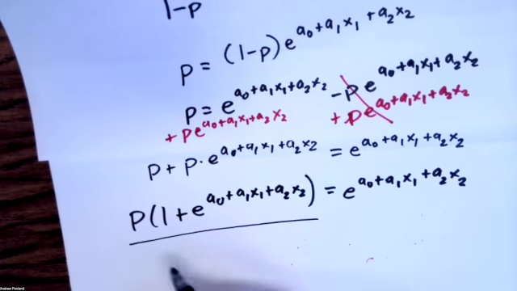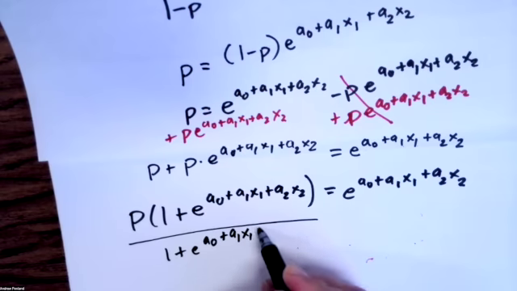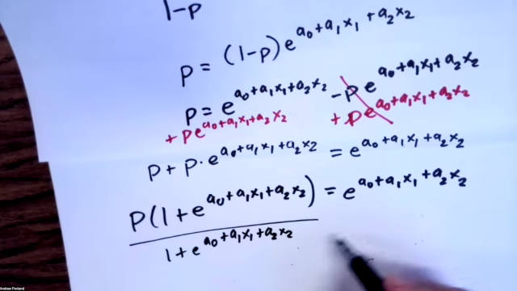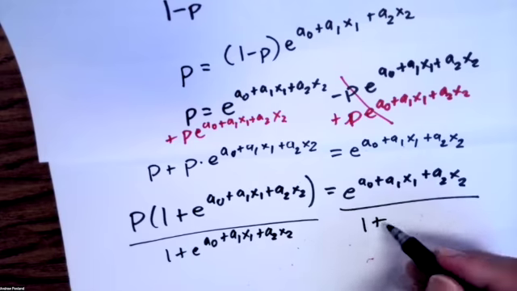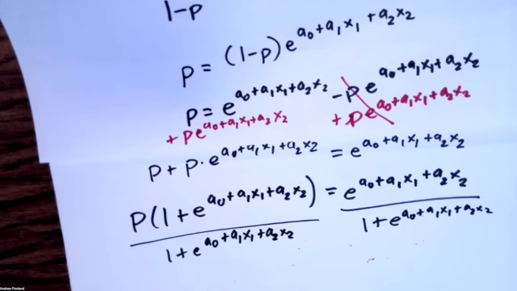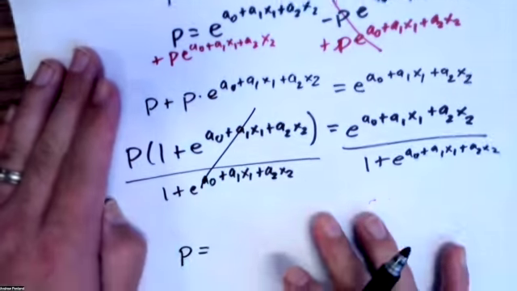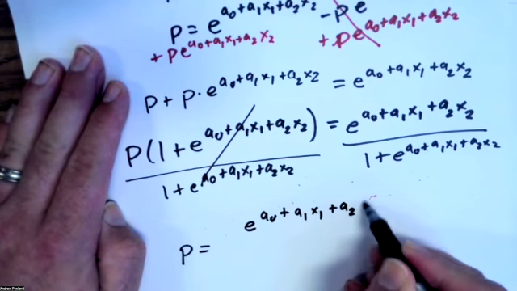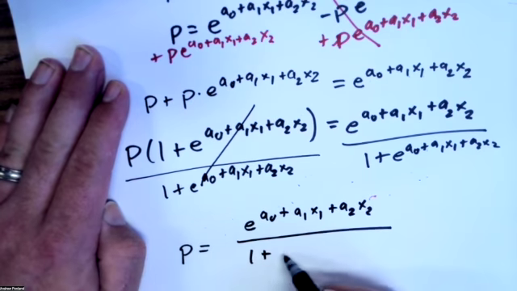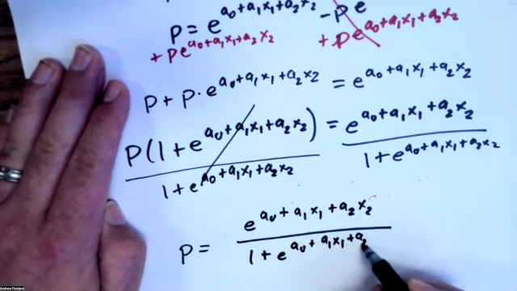Divide through by 1 plus e to the a0 plus a1 x1 plus a2 x2, and divide the other side by that too. So I'm going to cancel this, and now I have P equal to e to the a0 plus a1 x1 plus a2 x2 all over 1 plus e to the a0 plus a1 x1 plus a2 x2.